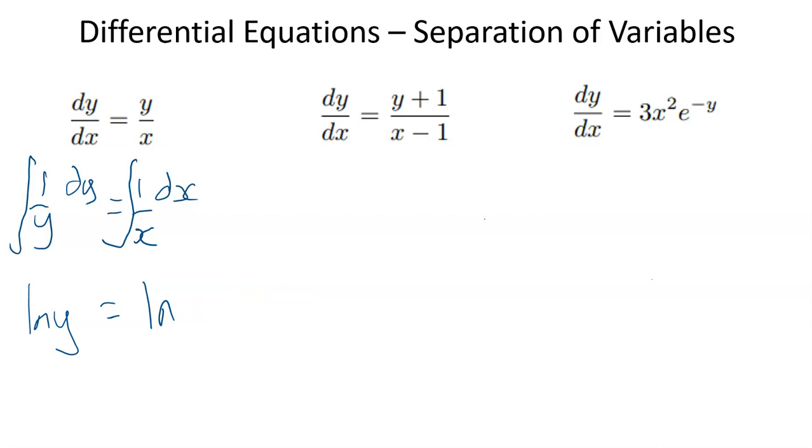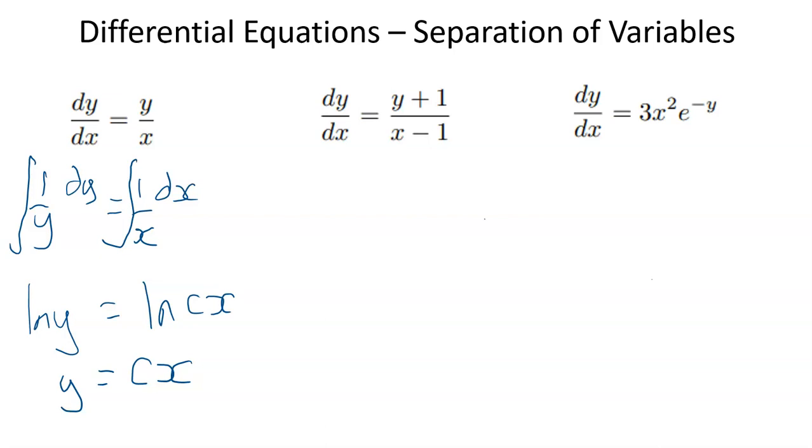So we could say this is log of cx, and then we can just get rid of the logs and say that y is some constant times x, or a coefficient of x. And if you wanted to find out what that c value was, you would have to know a coordinate that you could substitute in x and y as per the usual.